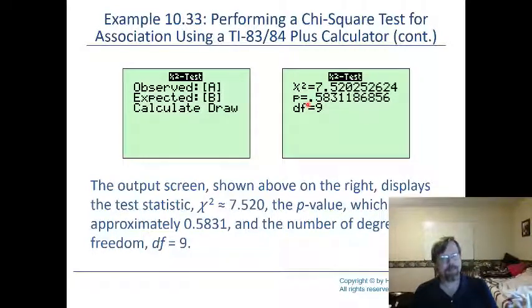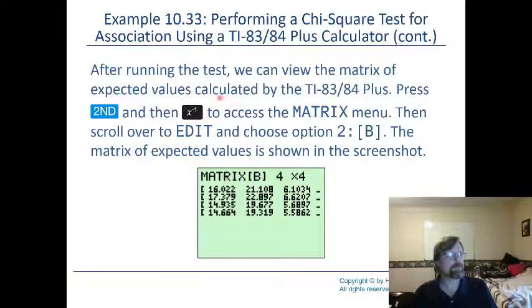It will also calculate the degrees of freedom for us based on that. Degrees of freedom in this case is rows minus 1 times columns minus 1. So 4 minus 1 times 4 minus 1 is going to be 3 times 3, or 9. After the test is run, we can go in and look at the expected value matrix.